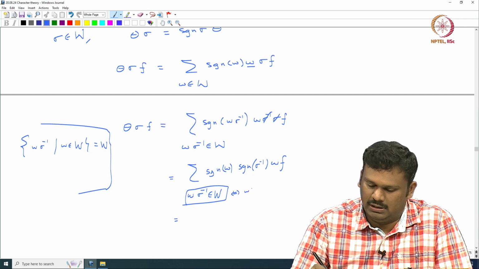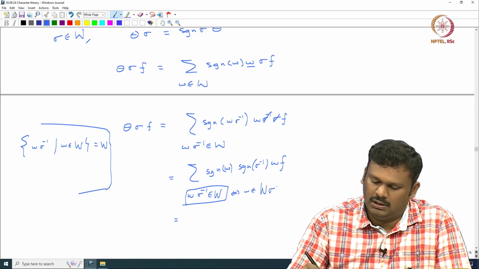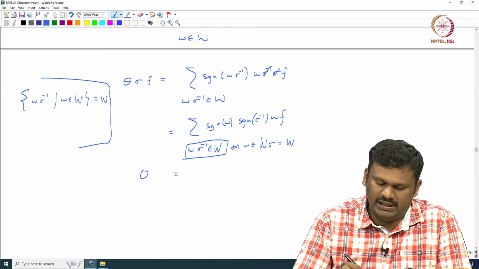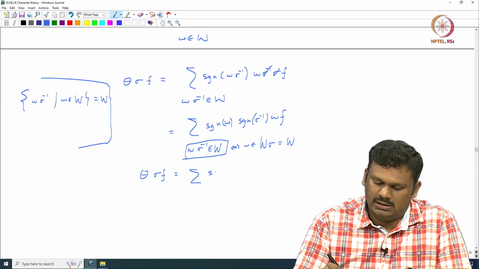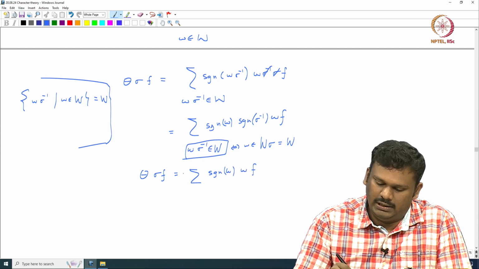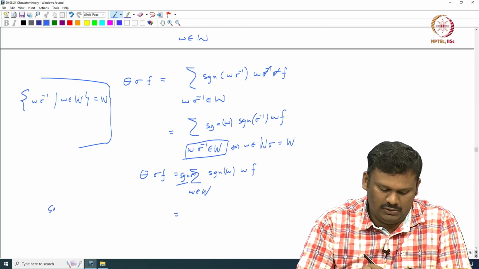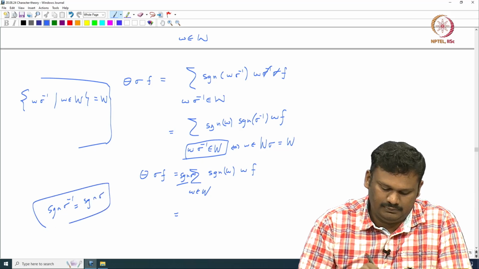So, this is the same as w in W sigma, which is exactly W. So, this says that theta sigma f is nothing but summation of sine of w, w f, and then you get the sine of sigma inverse outside, w in W. But note that sine of sigma inverse is the same as sine of sigma.